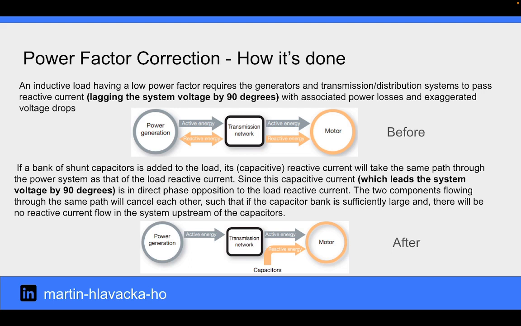Since this capacitive current is in direct phase opposition to the load's reactive current, the two components flowing the same path will cancel each other out, so if the capacitor bank is large enough, there will be no flow of reactive current in the system upstream of the capacitors.